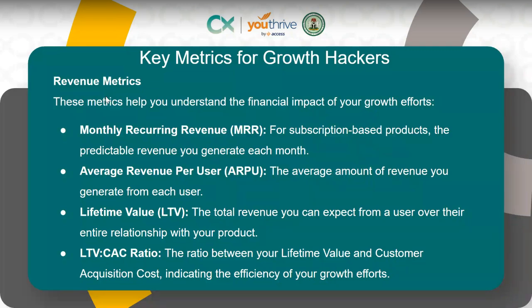So the LTV and CAC ratio. This is the ratio between the lifetime value and customer acquisition cost, indicating the efficiency of your growth efforts. If you calculate your lifetime value versus customer acquisition cost, from the get-go you can know how much you would make in total with a certain number of users if those users are consistent.